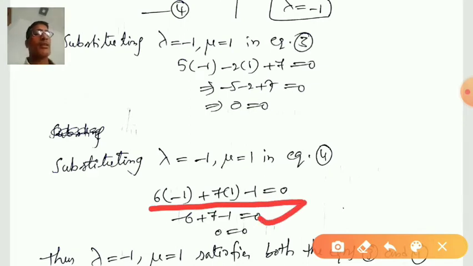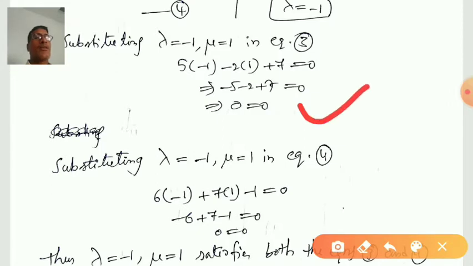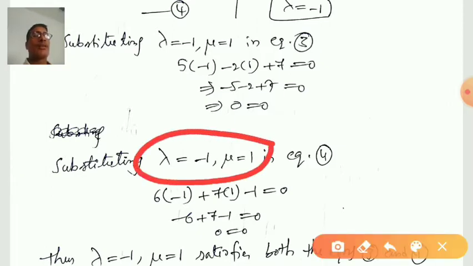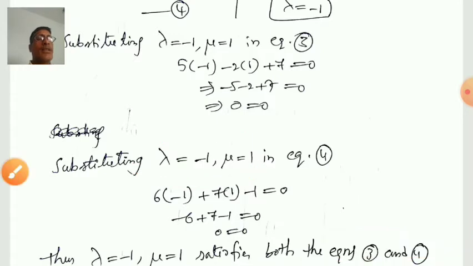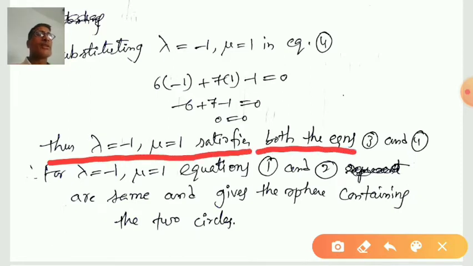So we can conclude that lambda is equal to minus 1, mu is equal to 1 satisfies equation 3 and equation 4 also. Therefore these two values satisfy all the required equations, and thus lambda is equal to minus 1 and mu is equal to 1 satisfies both equations 3 and 4.